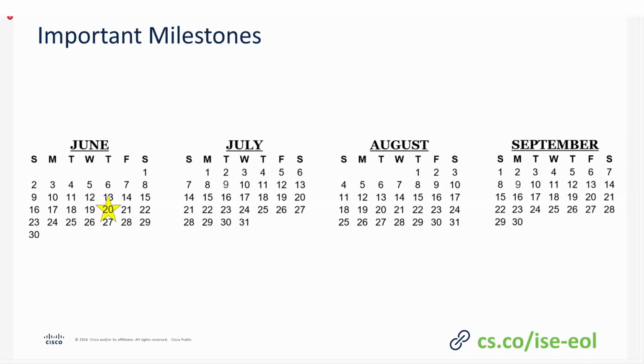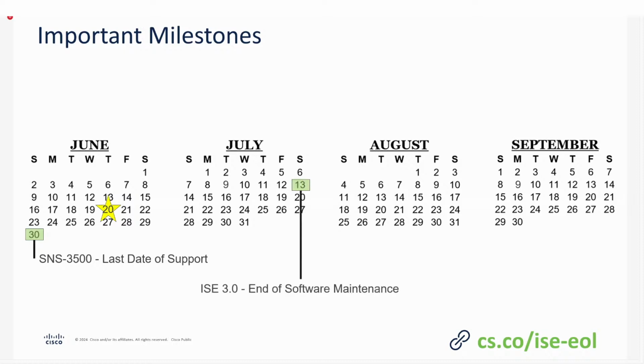We're at June 20th. And at the end of this month, we have a last date of support for our 3500 series appliances. So you need to keep that date in mind if you are running the 3500 series. But in July, we also have an end of software maintenance for ISE 3.0. No patches or fixes are going to be put out after that date for 3.0.